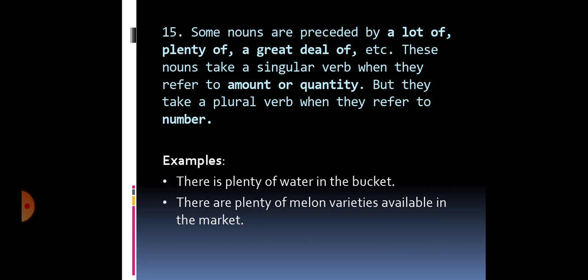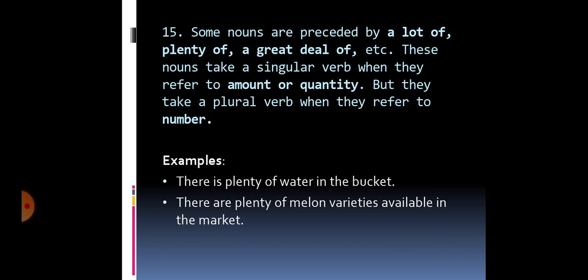Some nouns are preceded by a lot of, plenty of, a great deal of, etc. These nouns take a singular verb when they refer to amount or quantity, but they take a plural verb when they refer to number. There is plenty of water in the bucket.